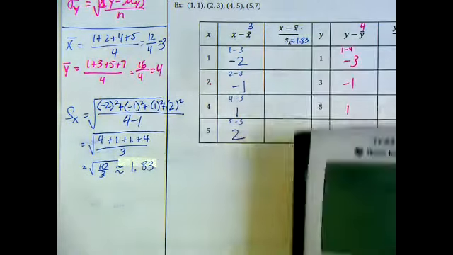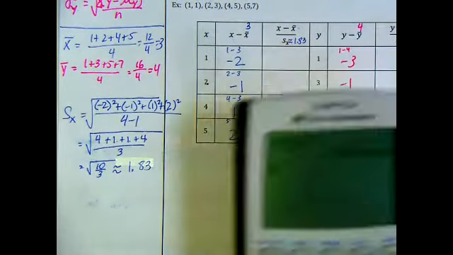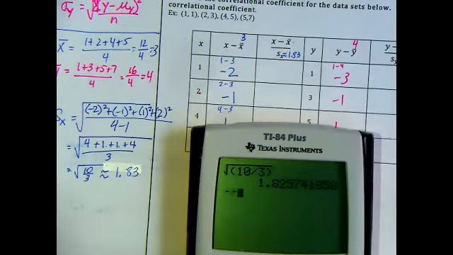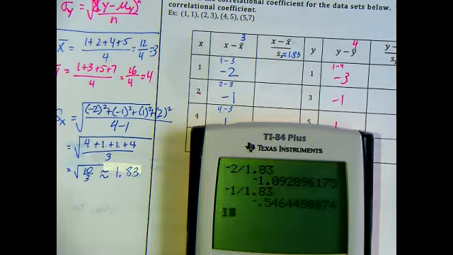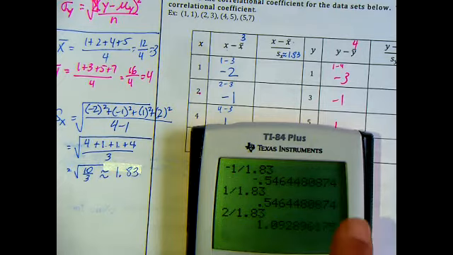Okay, so I will have -2 divided by 1.83. Okay, I'm going to just put it all in my calculator and then we can write it. -1 divided by 1.83, and then 1 divided by 1.83, and then 2 divided by 1.83. I mean, these repeat essentially, right?